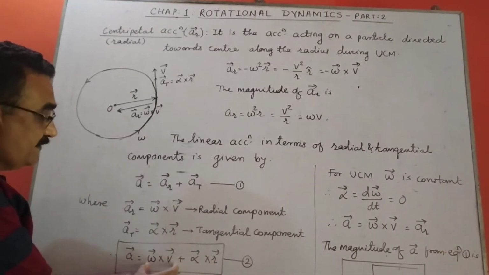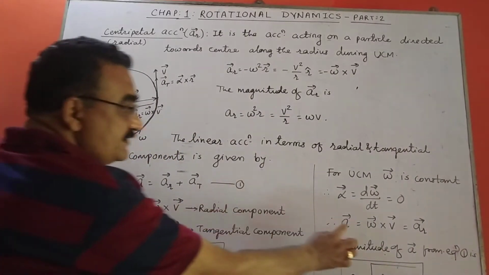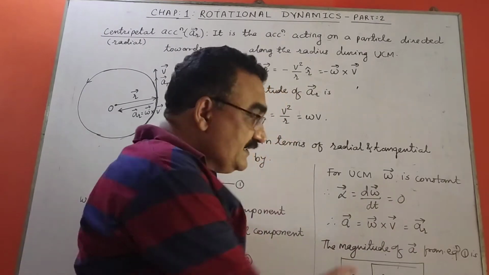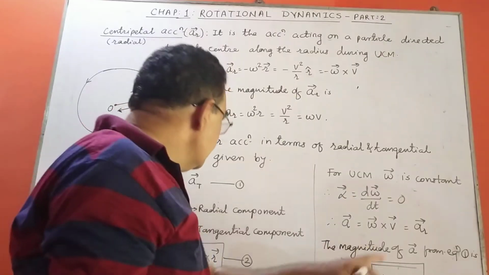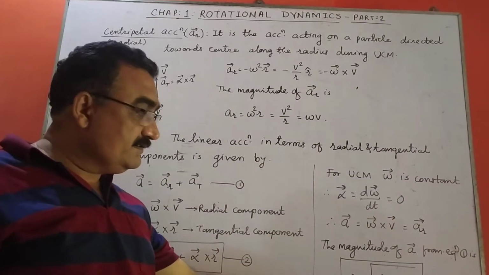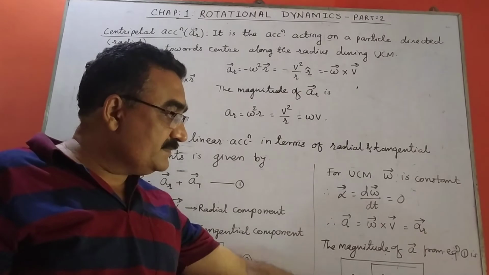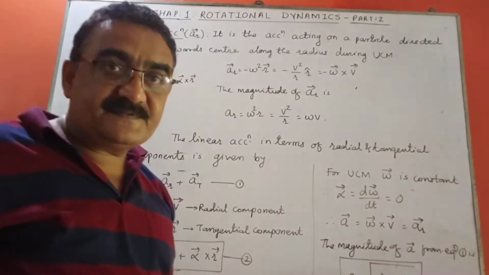So A is equal to omega cross V, but omega cross V is AR. So A is equal to AR. This is for uniform circular motion. The magnitude of this linear acceleration is given by A equal to root of AR square plus AT square. Again it is used to solve the sums.